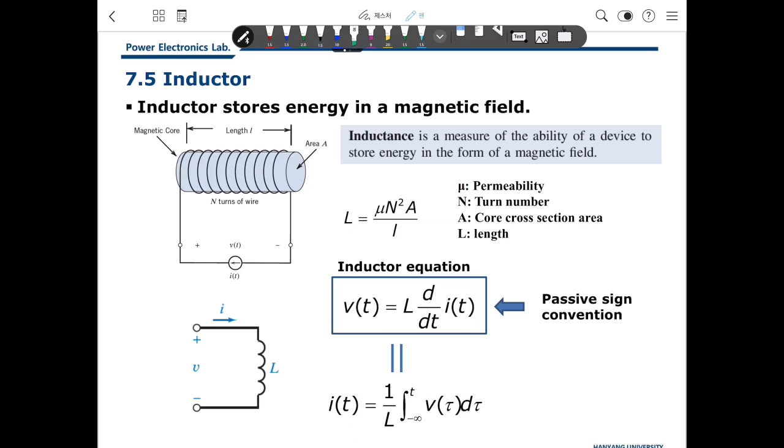So an inductor stores energy in the magnetic field. Inductance is a measure of the ability of a device to store energy in the form of a magnetic field. So when you see some iron with many coils wound around it, you can say that it is an inductor.